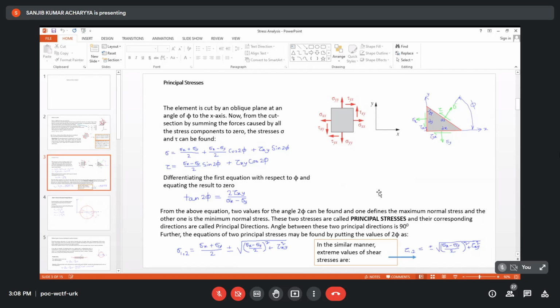If the orientation of the plane is given by an angle phi with the x-axis, then the normal stress on that plane is given by sigma x plus sigma y by 2, plus sigma x minus sigma y by 2 cos 2 phi, plus tau xy sin 2 phi.